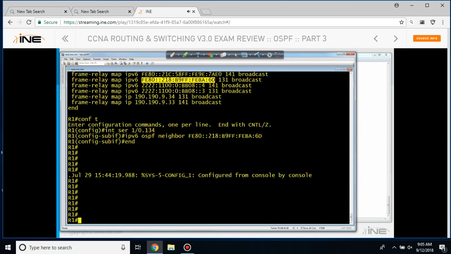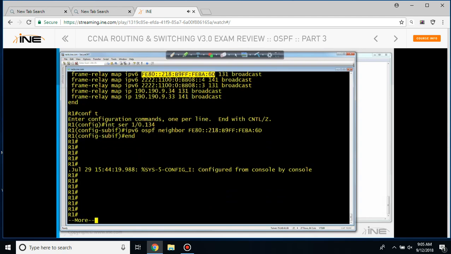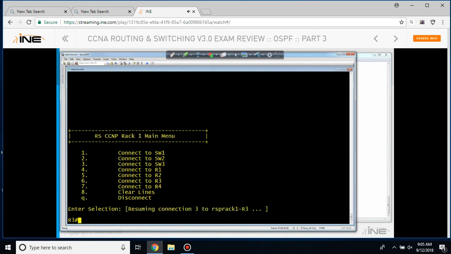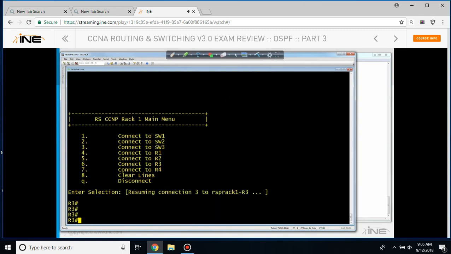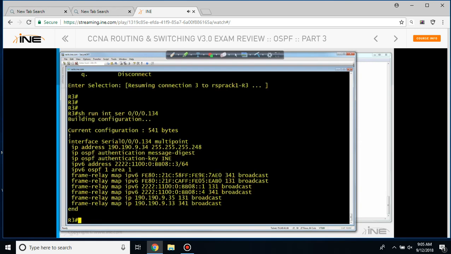Let's go over to router 3 and see if there's anything we can spot that's wrong on that router. The main thing I'm wondering about is, I'm pretty sure I put some frame relay maps in router 3 with link local addresses. If I didn't, that would explain why nothing's working here. Yeah, I do.